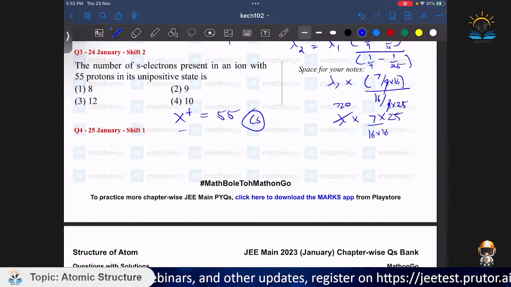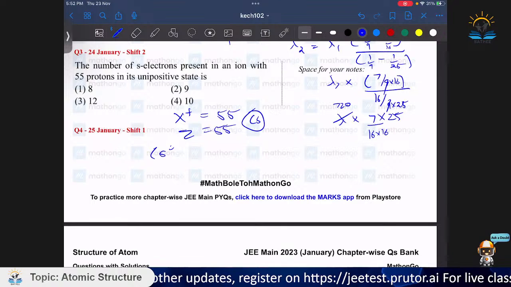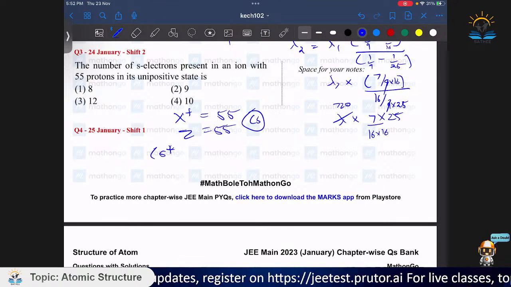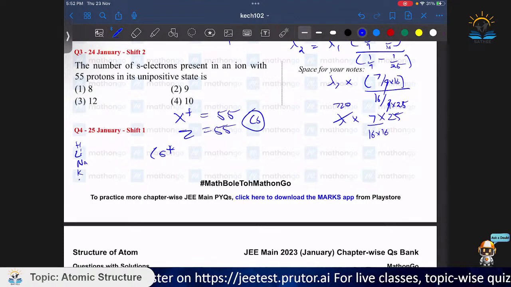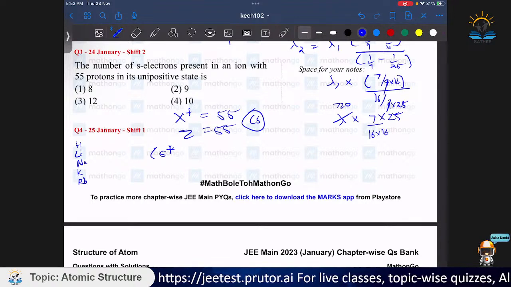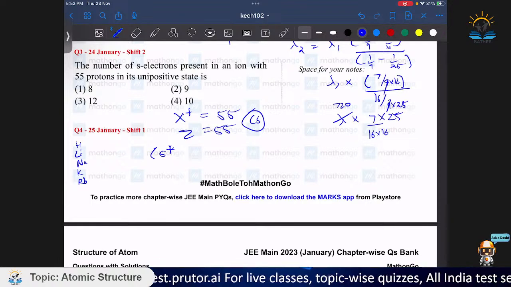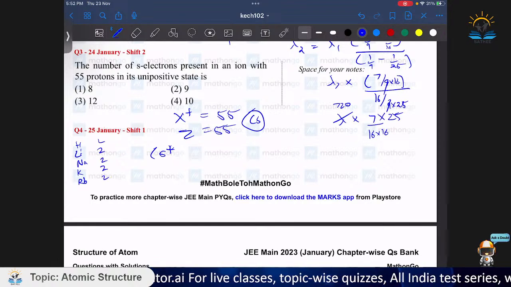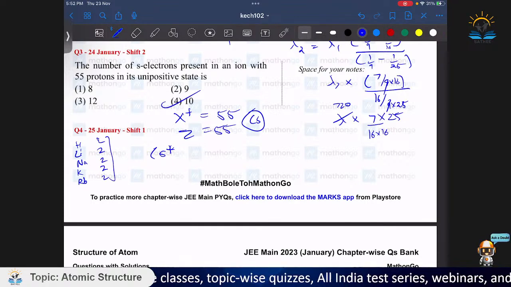Okay, Z is equal to 55 for cesium. So cesium plus. Before cesium, we have all these. So these will give 2 s electrons each: 2, 2, 2, 2, 2. Okay. So totally we have 10 s electrons before this, right?